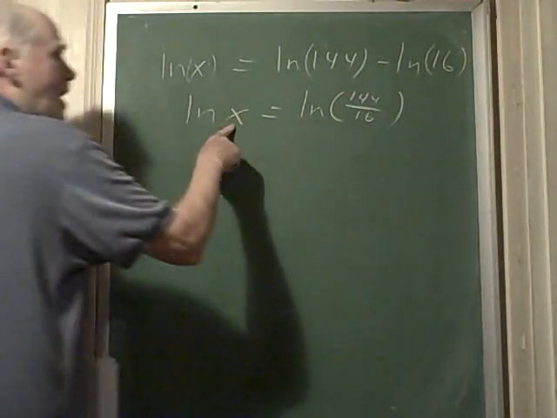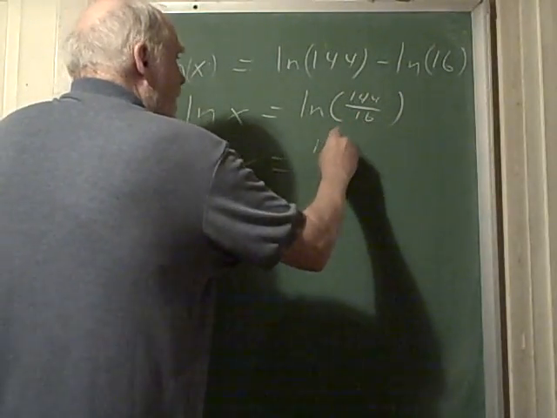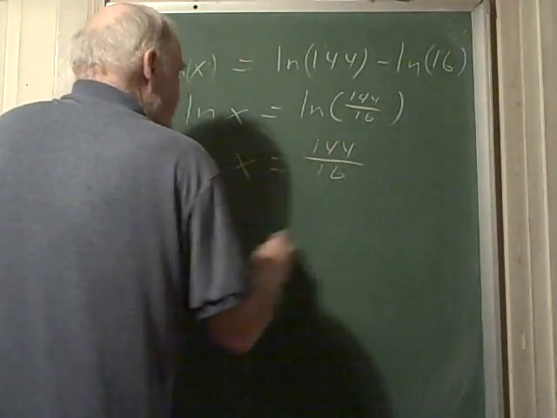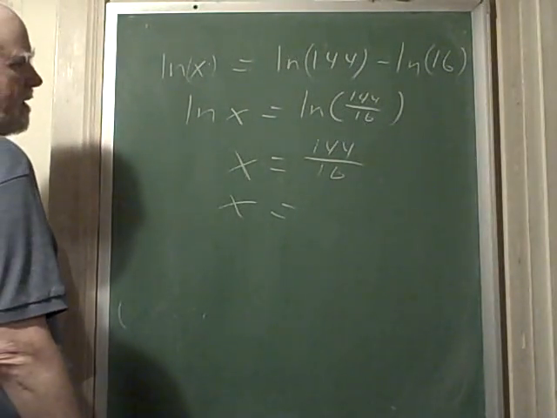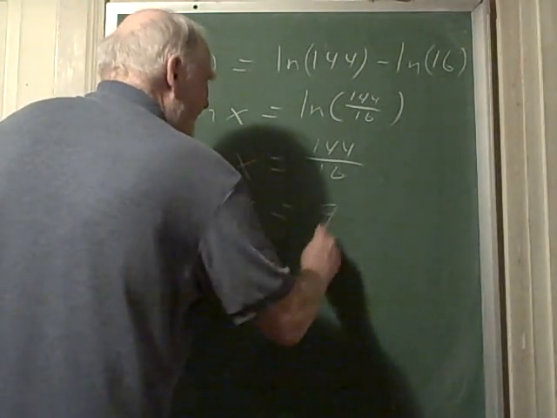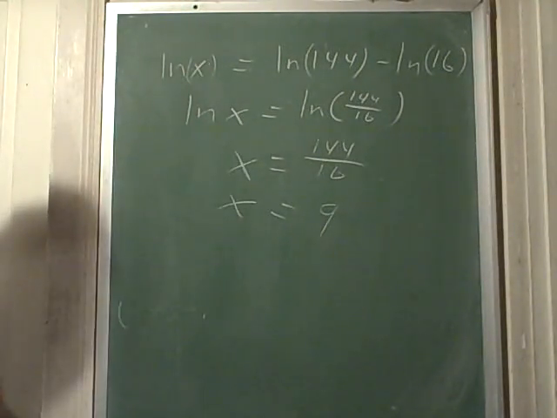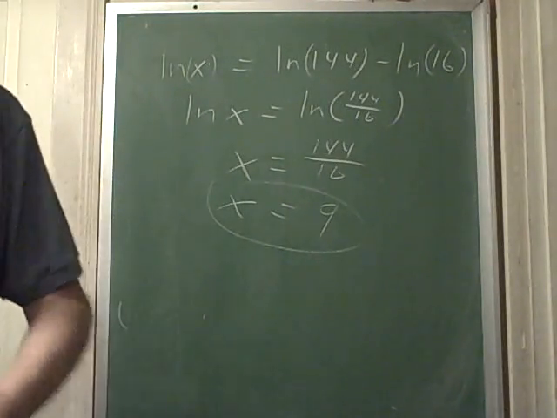Well, now we have the log of q equals the log of r, so I can immediately write x equals 144 over 16. And 16 goes in there 9 times. 9 times 16 is going to give me 144. So we have the answer x equals 9.